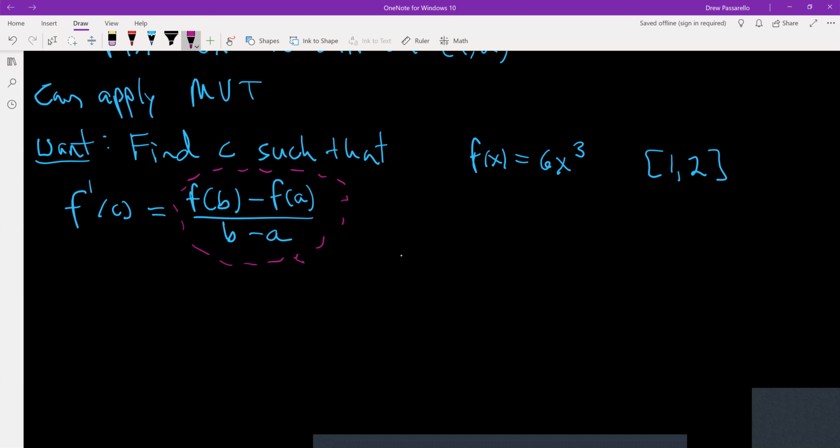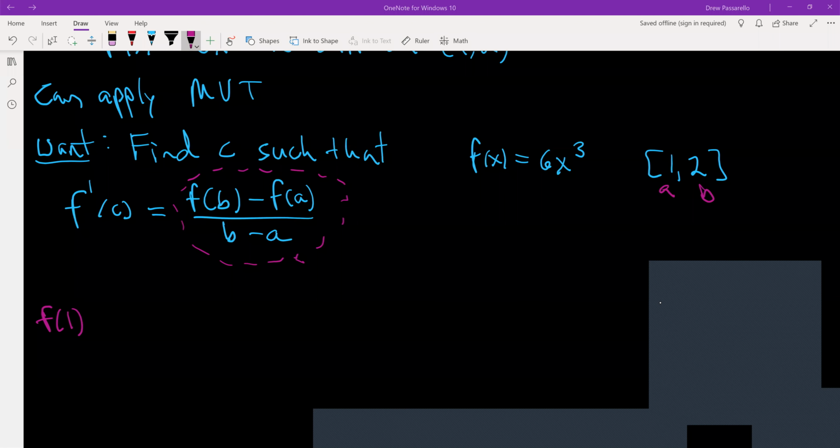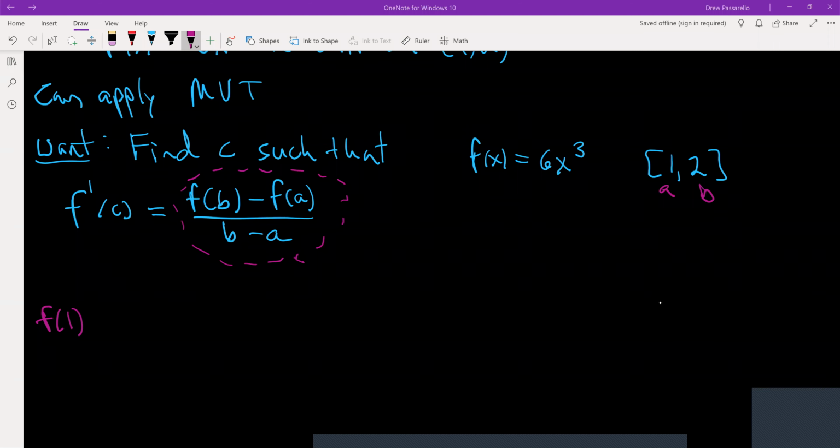What is f of b minus f of a divided by b minus a? So in this case, a is 1 and b is 2. So that's going to be f of 1 and then f of 2. Okay, so f of 1, that's going to be 6 times 1 cubed, which is going to be 6. And then f of 2, 6 times 2 cubed. 2 cubed is 8, so that's 6 times 8, which is 48.